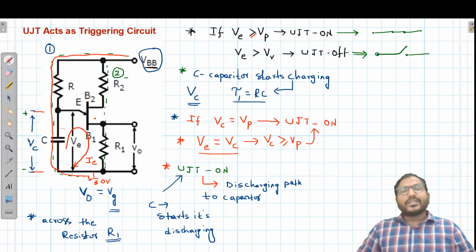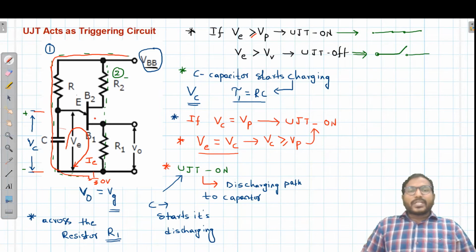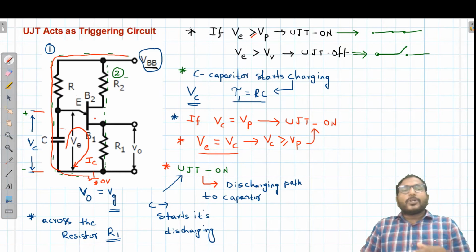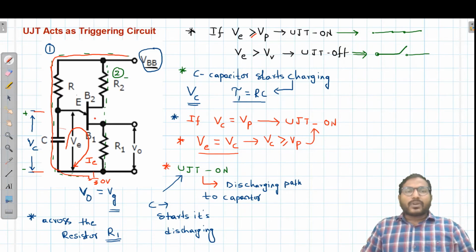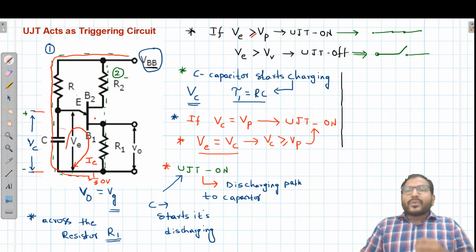Once again, when the UJT is turned on, it allows the discharging path to the capacitor. The capacitor chooses that path to discharge its voltage across R1, which exists in that path. Hence, when the capacitor is discharging its voltage, the same voltage will appear across the resistance.